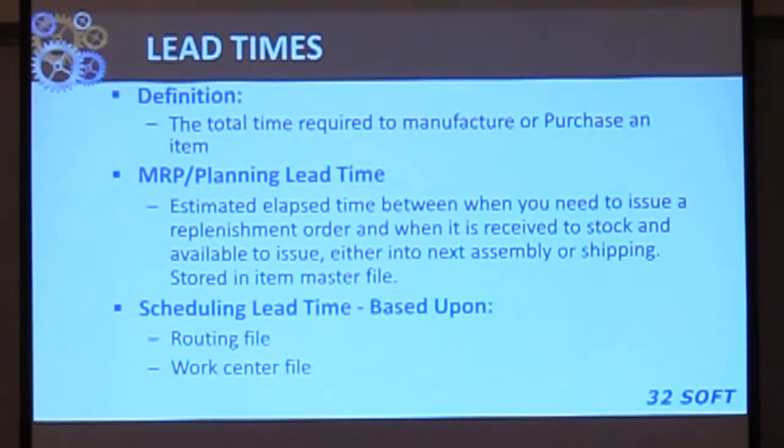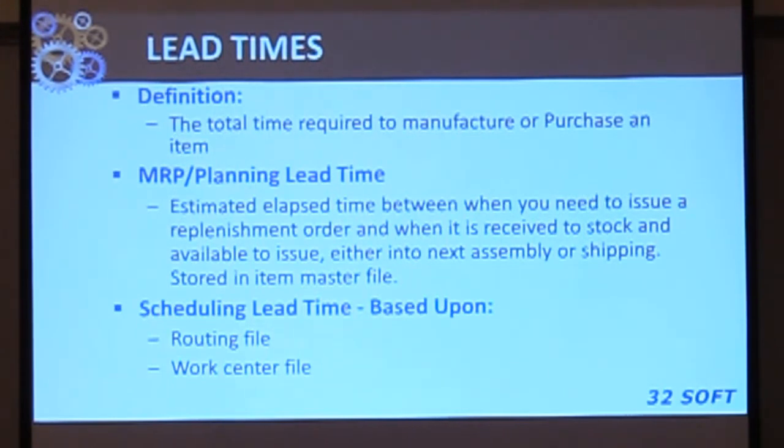So the way that shop floor control works is primarily upon lead time. Now, what is lead time? It's the total amount of time required to manufacture or purchase an item. In manufacturing, if you look at 1.4.7 or 1.4.17, this is the elapsed time between when you need the item to issue a replenishment order and when it is received into stock to be able to be issued to the next level in the bill of material.